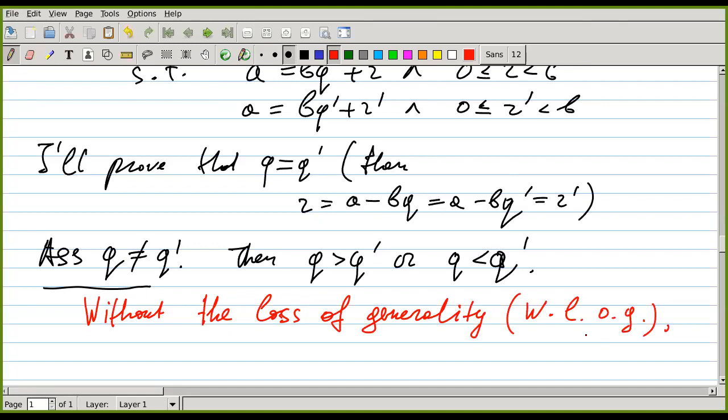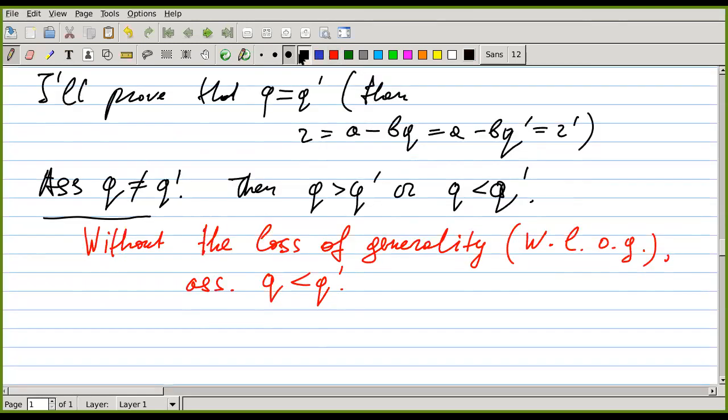Without the loss of generality, assume that Q is less than Q prime, say, because the other case is similar. If it is less, then of course Q plus 1 is less or equal than Q prime.